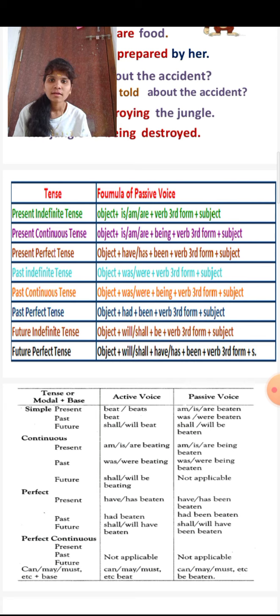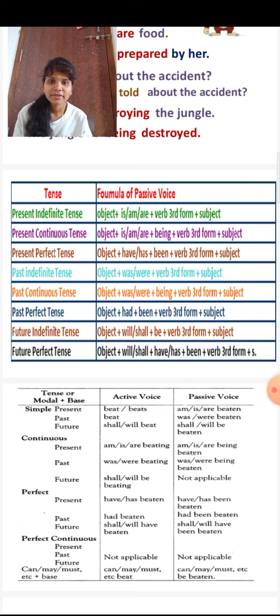Next, for present indefinite tense, the formula of passive voice is object plus am/is/are plus verb third form plus by plus subject. And when we are using present continuous tense, object plus am/is/are plus being plus V3 plus subject, where V3 means verb third form.